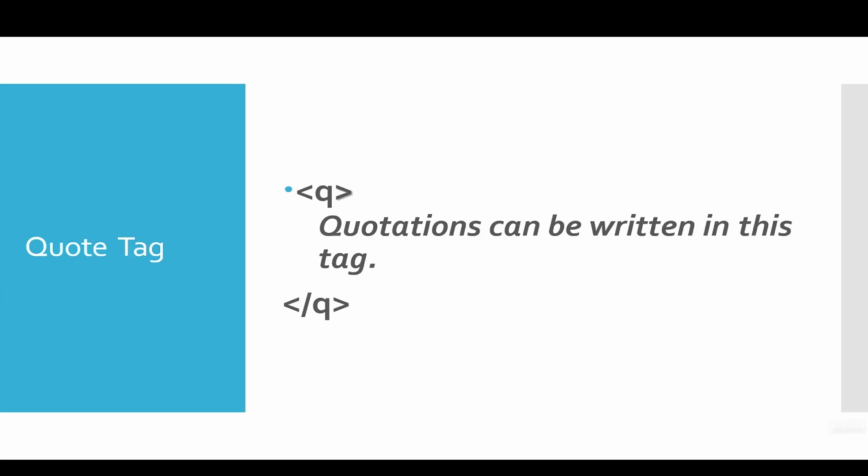The next tag we have is the quote or quotation tag. If you want to enclose your text in double quotes, you can use the Q tag, or quotation tag, for that. So let's see.